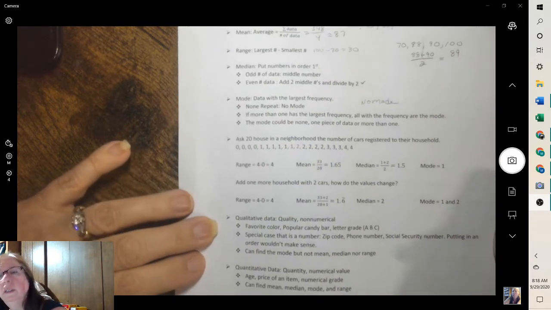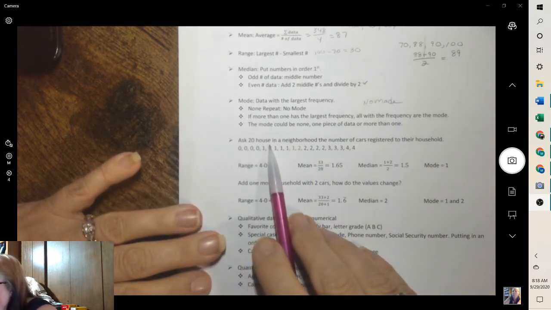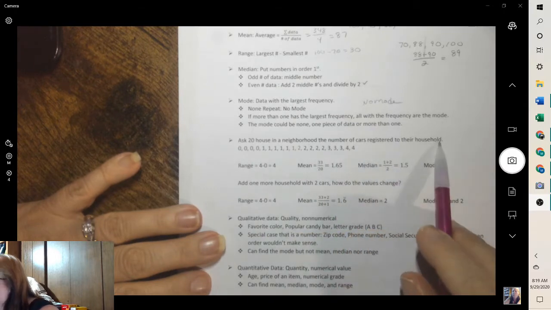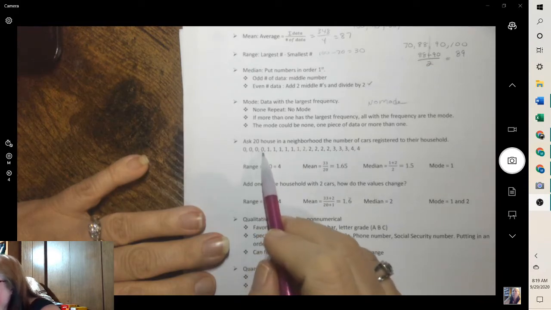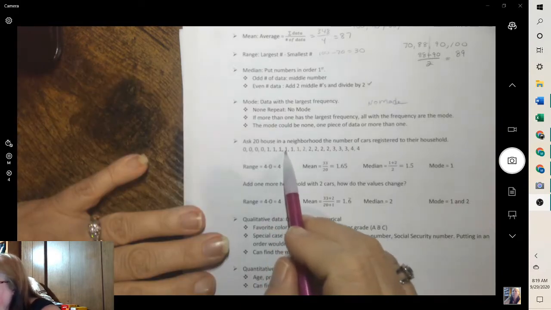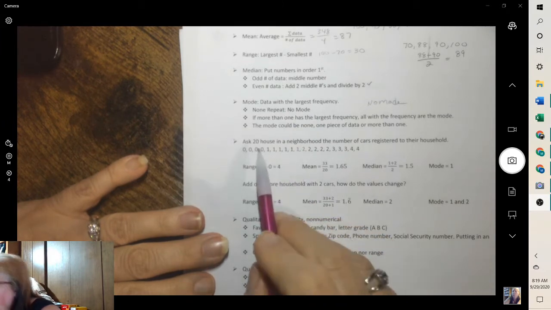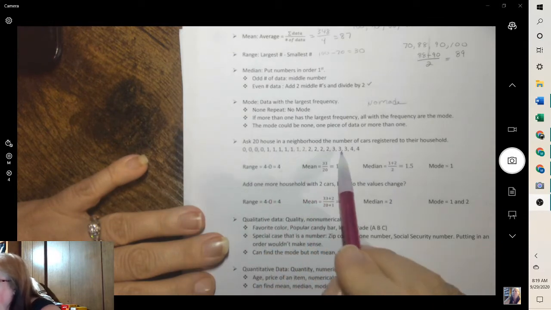Okay, let's look at an example. Check 20 houses in a neighborhood, the number of cars registered to their household. So 4 houses had no cars registered, 6 had 1 car, and so on. So the data is the 0, the 1, the 2, the 3, the 4.